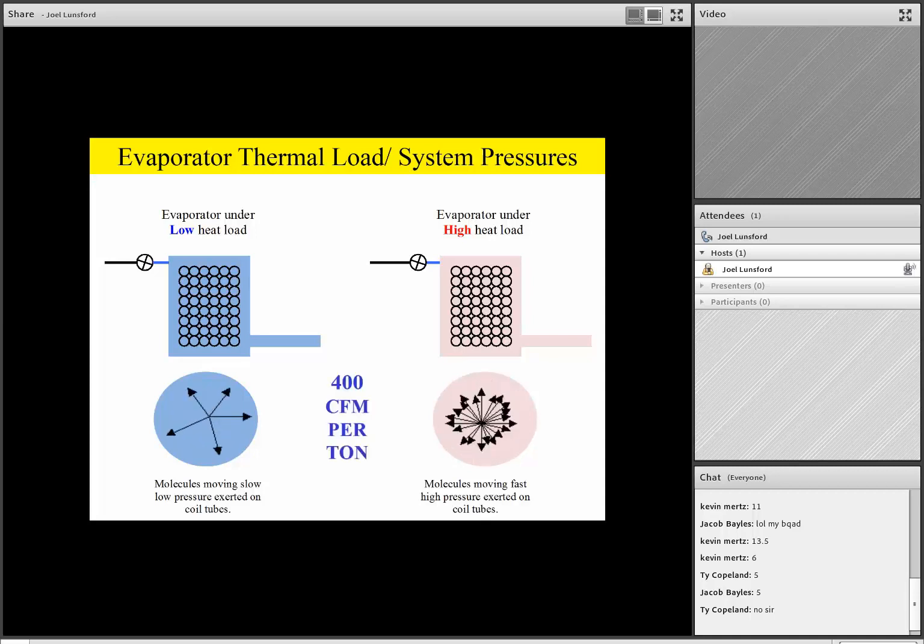Some reasons we'd have low heat load on the evaporator coil, some classic examples would be a dirty air filter, a dirty evaporator, perhaps an undersized return duct, or possibly a return duct system that's collapsed, or maybe it's even on the wrong fan speed. So it's very, very important that we deliver the proper CFM or the airflow in an air conditioning system if we want to expect proper performance.